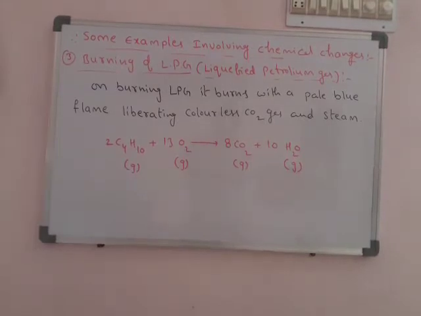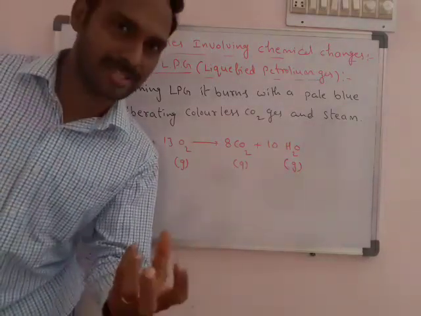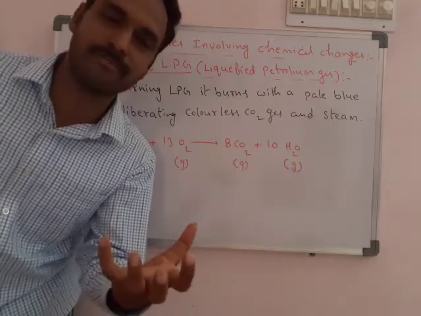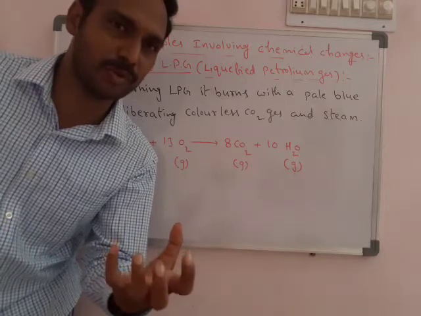See the matter for burning of LPG. On burning, LPG burns with a pale blue flame. We already know the color of the flame from our gas stove. It is perfectly a blue flame, not a normal red color.